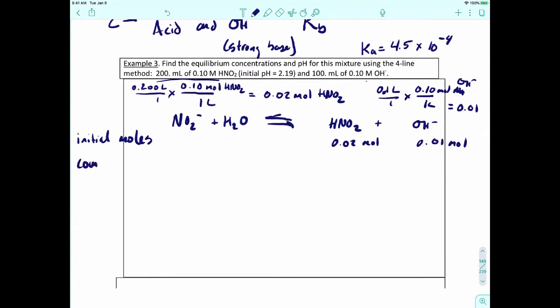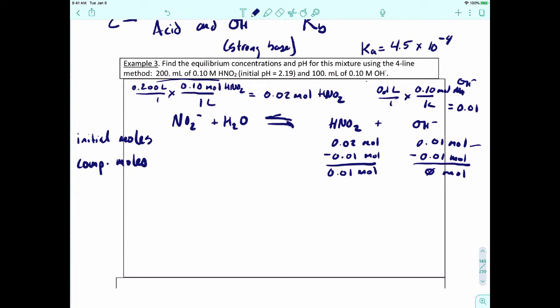So at completion, the completion moles, what's going to run out? It's going to be your base. Your strong base is going to run out because you've got less of that. Okay, so I'm going to subtract all the base. All right, so we should have no moles of the strong base left over. And so if we subtract 0.01 from 0.02, you're going to be left with 0.01 moles of HNO2.